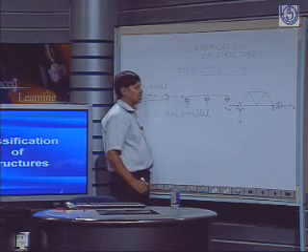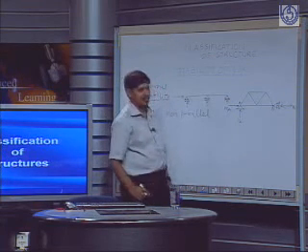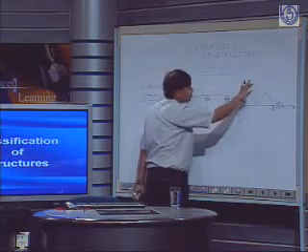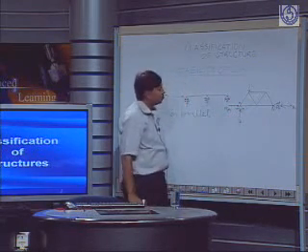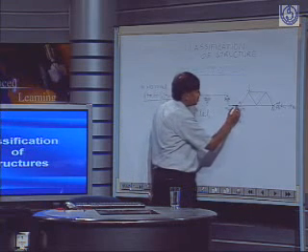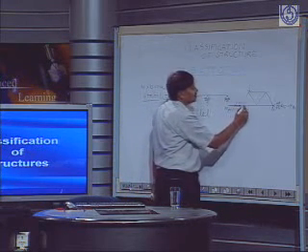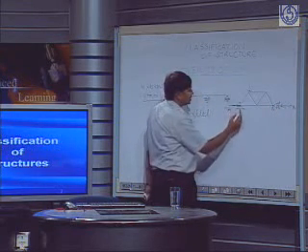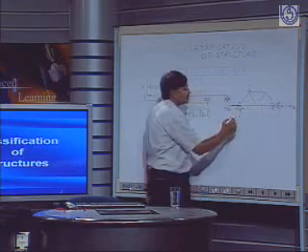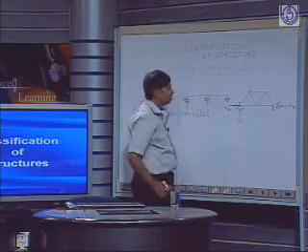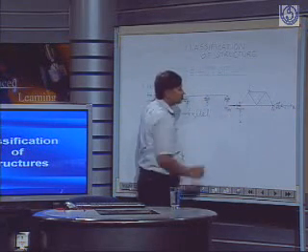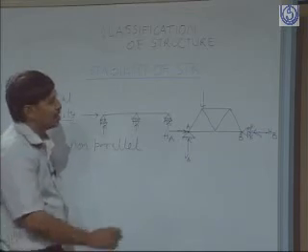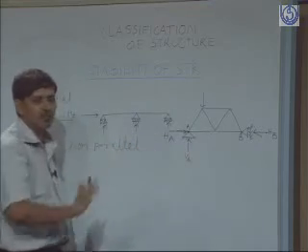So what do you think? Will it be a stable structure? I don't think it will be stable, because if you put a load here, it is going to rotate in this direction. Why? Because all these reaction components are meeting at point A. HB is also coming through point A, HA and VA, all three reaction components are meeting at point A. So if you put any force P for which moment can be taken about point A, there will not be any restraining moment.